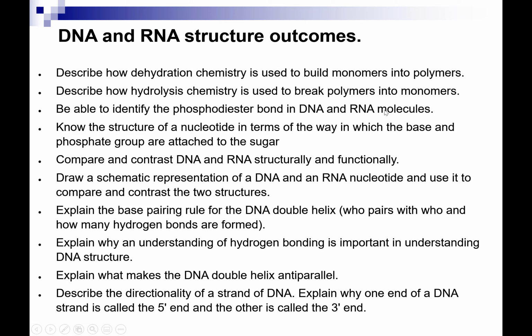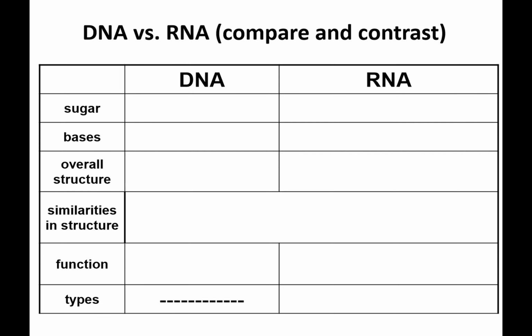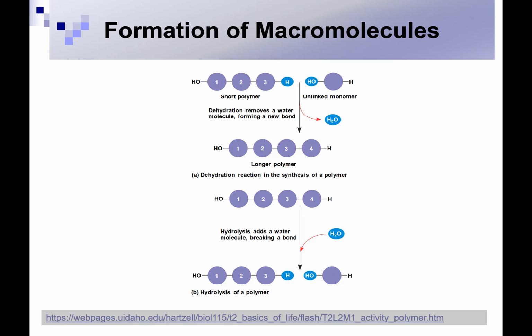So let's see if we got all of this information. How dehydration chemistry is used to build monomers into polymers. We talked about that. And hydrolysis chemistry is used to break polymers into monomers. So that's all these guys, right?